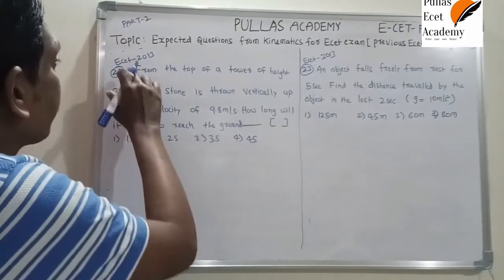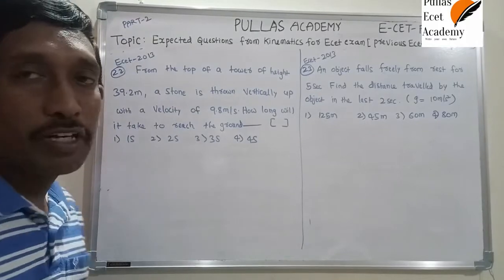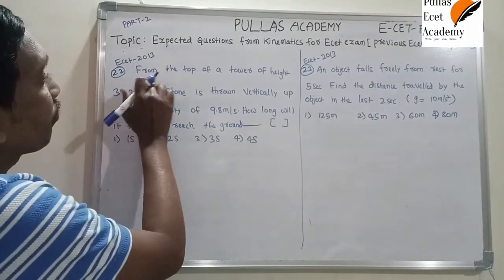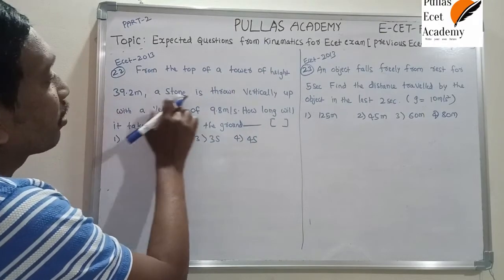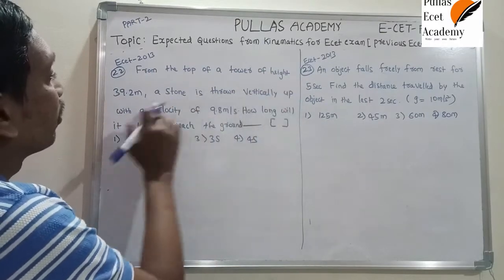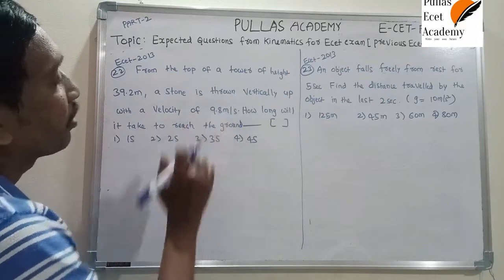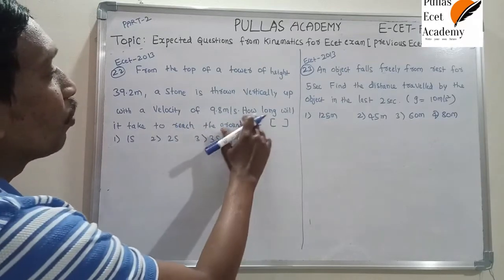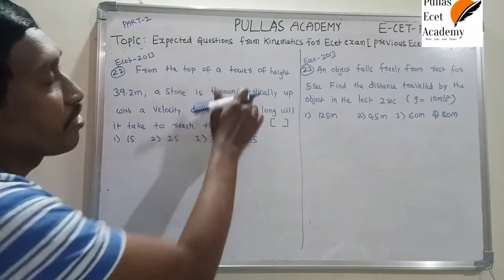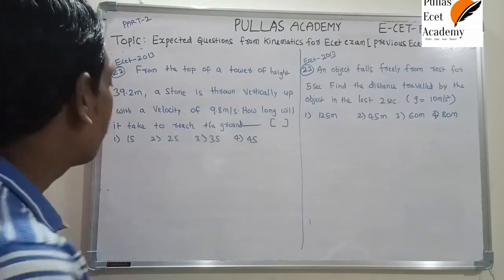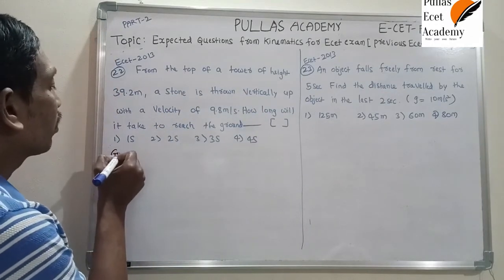The next question is repeated in Ecet 2013 paper. Here this question is from the top of a tower of height 39.2 meter. A stone is thrown vertically up with a velocity of 9.8 meter per second. How long will it take to reach the ground? Okay, now it is the top of tower model. Here, what are the given values?